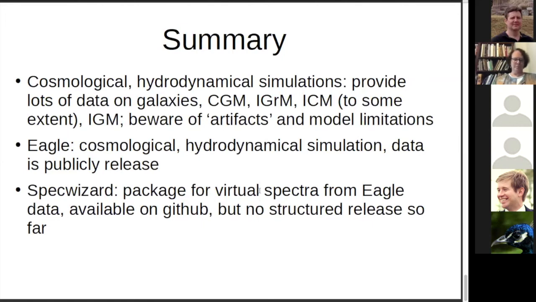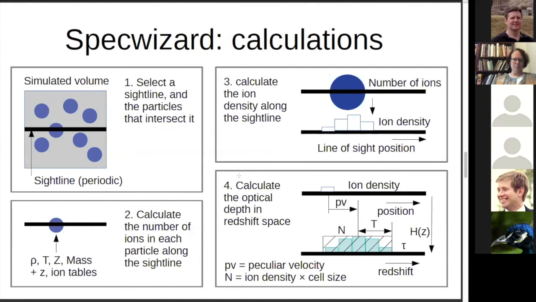One thing they might do differently is go directly from the number of ions for each particle to a distribution in redshift space, which avoids some issues of binning. On the other hand, one nice thing about SpecWizard is that you can get additional outputs, for example the ion density along your line of sight without the peculiar velocity shifts, which is useful in your analysis.